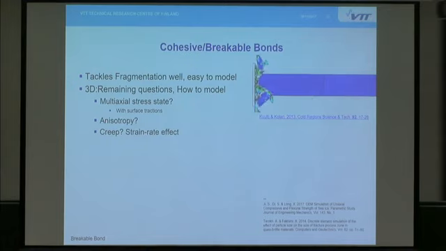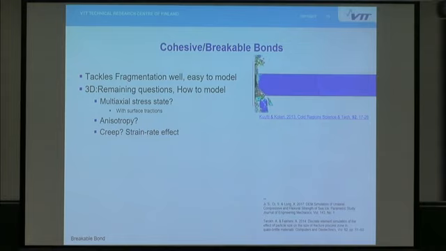This video is one of our models using this approach. The idea was that we would use this approach to model crushing in 3D. Okay, in 2D it works fine, but in 3D the first question that arose was that in ice it's quite important to take care of the stress state.